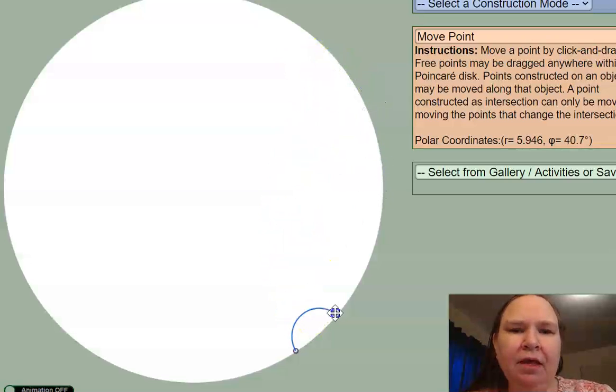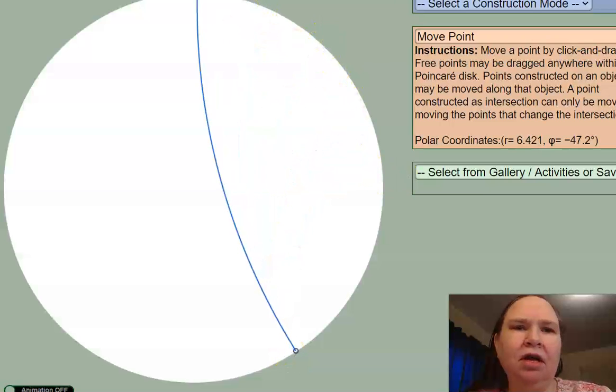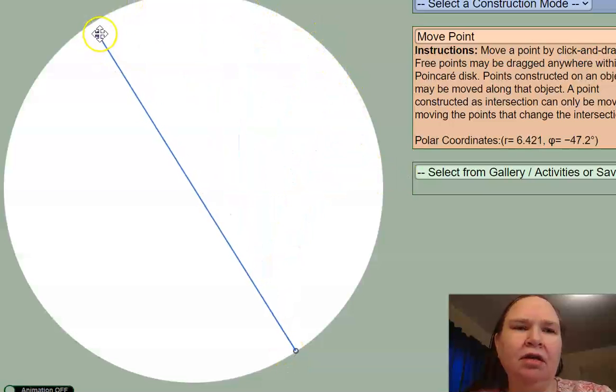I'm just going to take one of these endpoints and move it around here. And you can see that when they get close together, it almost looks like a half circle sitting there as the shortest distance. And then my circles get broader and broader and less curvy.